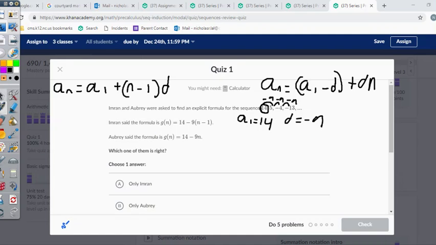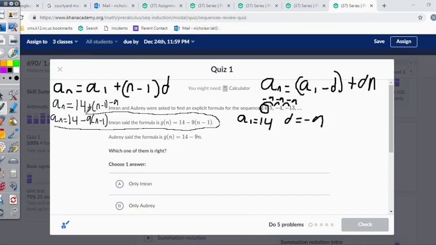Plugging in to find our explicit formula, at least for this version, a_n equals a_1, which is 14, plus n minus 1 times negative 9, which means a_n equals 14 minus 9 times n minus 1. We see that's Imran's formula, so at least Imran is correct.